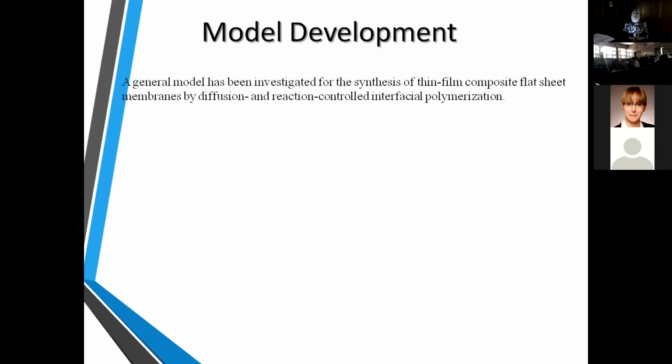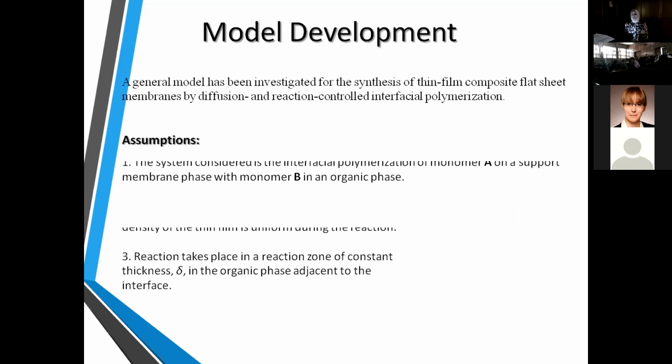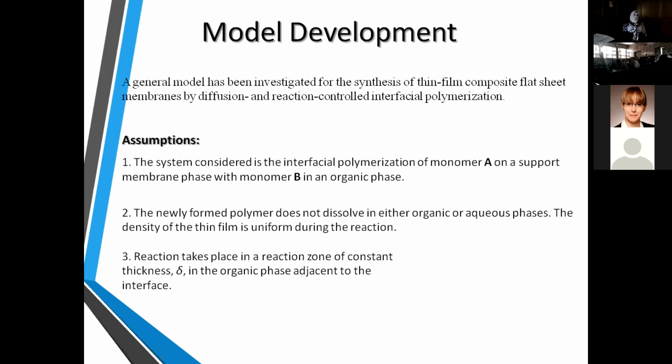Model development. A general model has been investigated for synthesis of thin film composite flat sheet membrane by diffusion and reaction-controlled interfacial polymerization. First, we make some assumptions before making the model. The system is considered as interfacial polymerization of monomer A in the aqueous solution and support membrane, and monomer B in the organic phase.